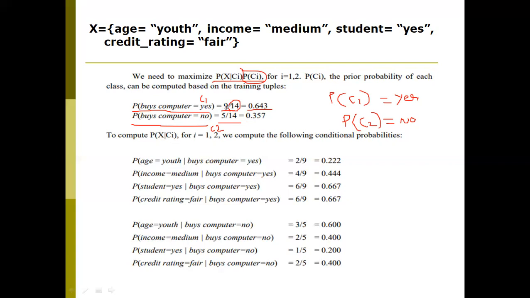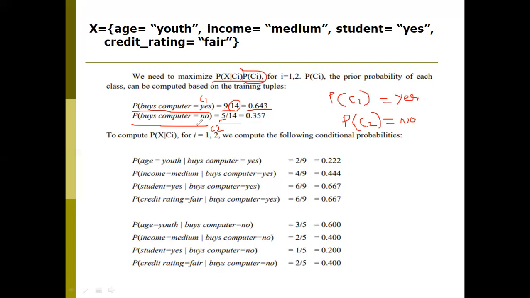So how many are the remaining records? Obviously 5. The left over records are 5 out of 14 records, isn't it?